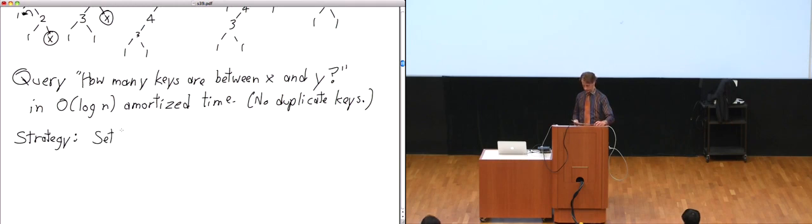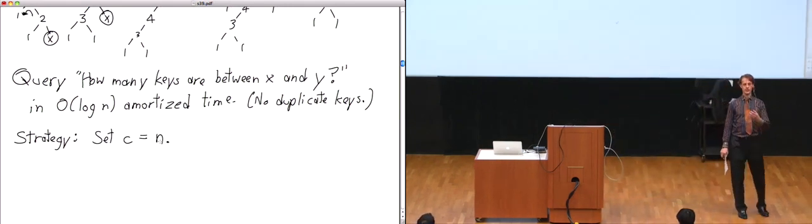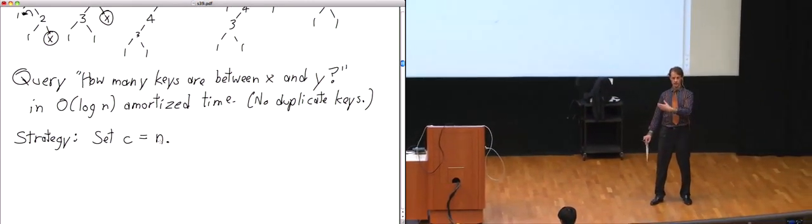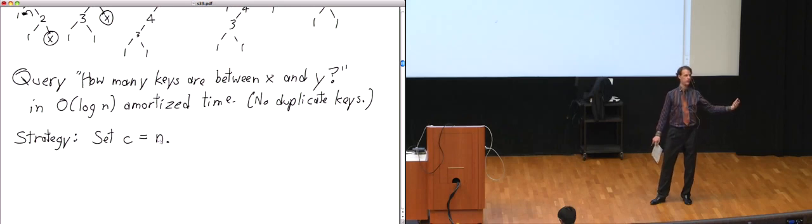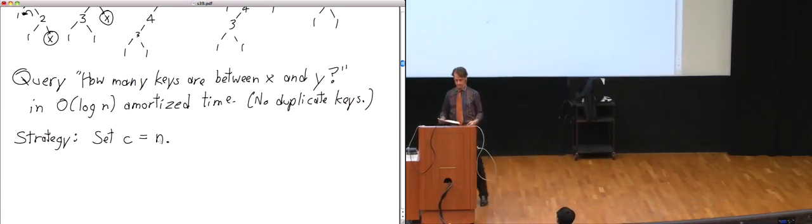I'm going to have a variable, call it C, which I'm going to initially set to n, the number of keys in the tree. Then I want to subtract the number of keys less than x, and then subtract the number of keys greater than y. And what's left over is the number of keys between x and y.